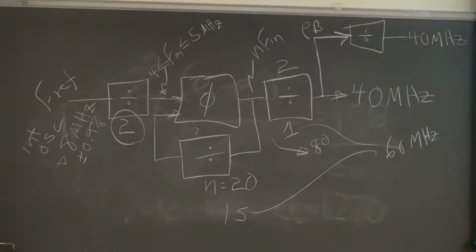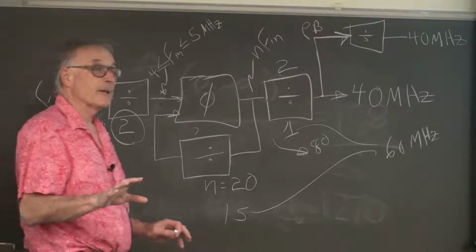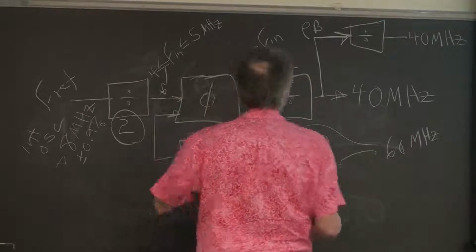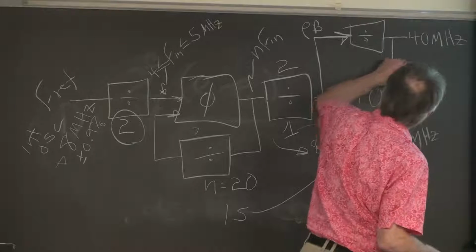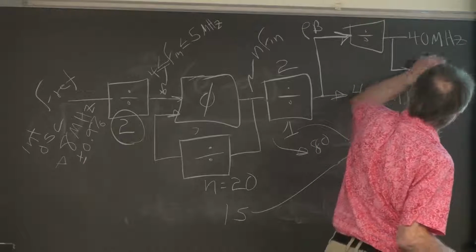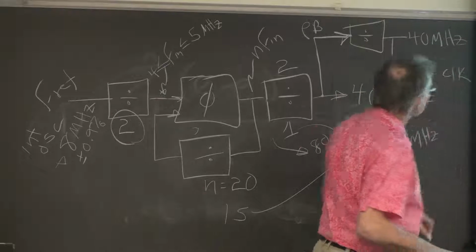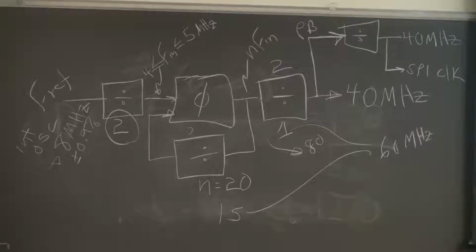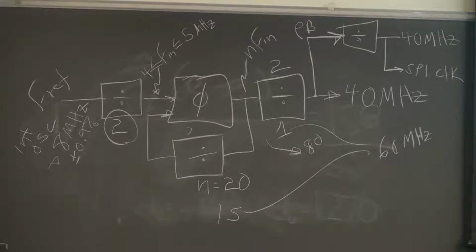Now, how fast should you run the PB bus? This gets complicated because one of the things that's going to come off the PB bus is the SPI clock. And you can't set the SPI divider to arbitrary integers. You can set it to 2, 4, and maybe 8 and a couple of other values, but you cannot set it to 3, it turns out.